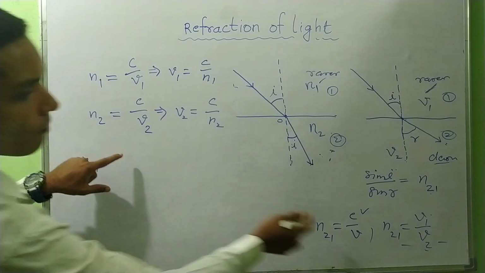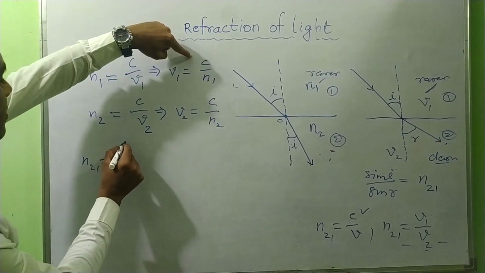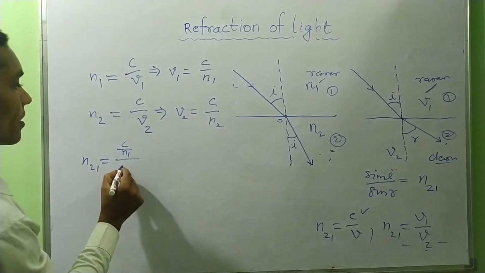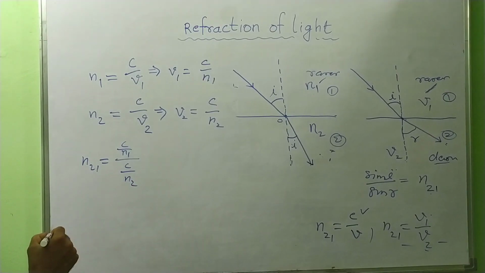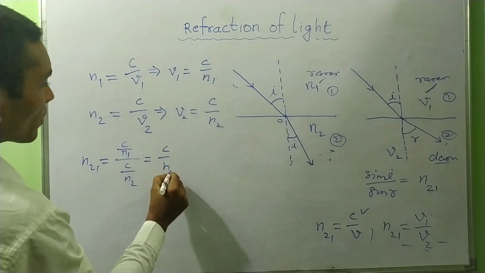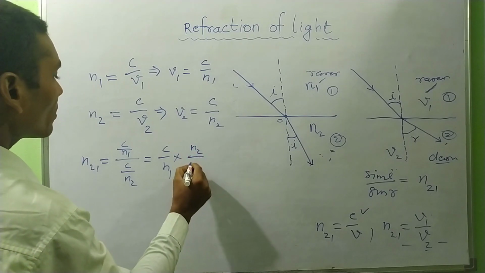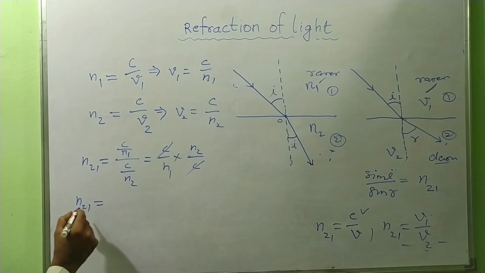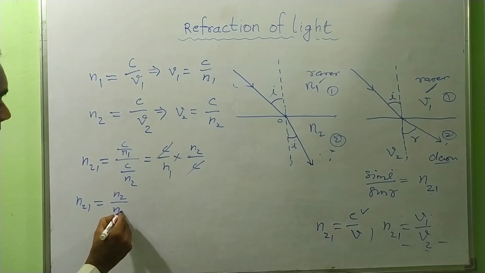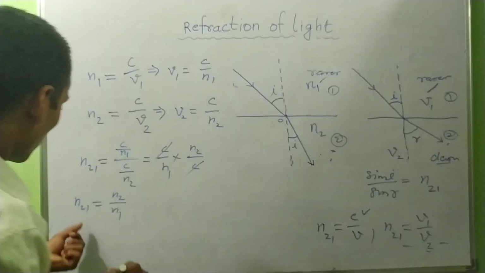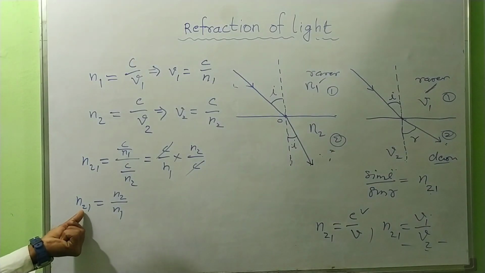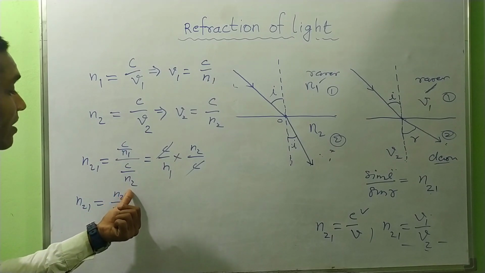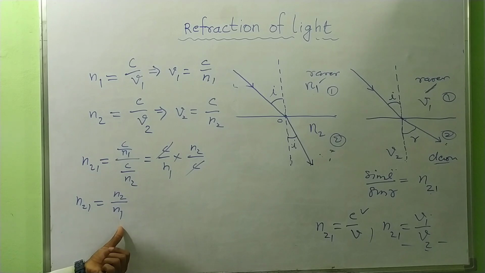So n21 equals c upon n1 into n2 upon c. The c cancels, so n21 will be n2 upon n1. Listen here: the refractive index of the second medium with respect to the first medium is equal to the refractive index of the second medium over the refractive index of the first medium.